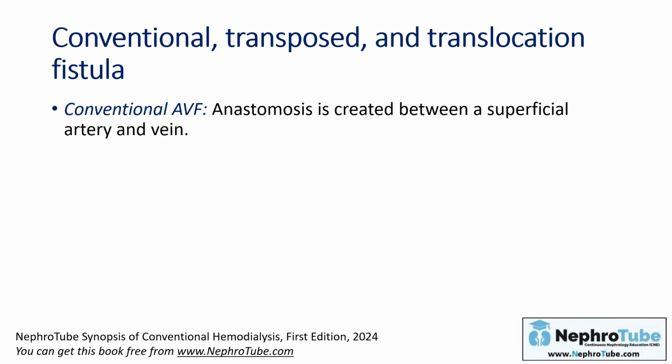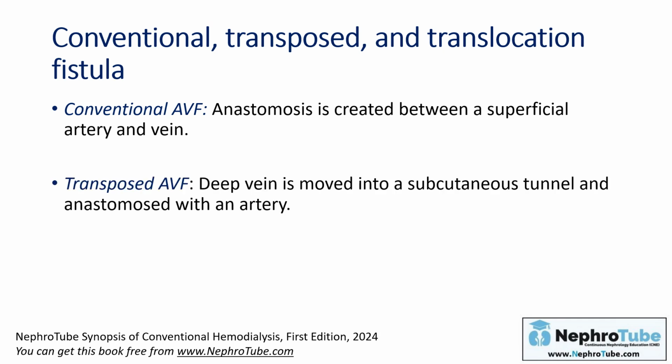Very straightforward. Transposed is more complicated than conventional, where there is a deep vein. It is not a superficial vein as in conventional AVF. There is a deep vein that must be moved into a subcutaneous tunnel and anastomosed with an artery. And this type of AVF usually is done in two-stage surgery.